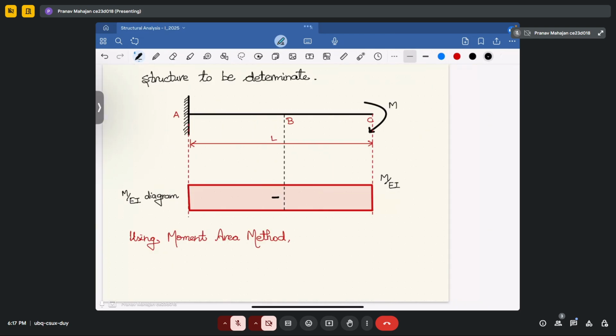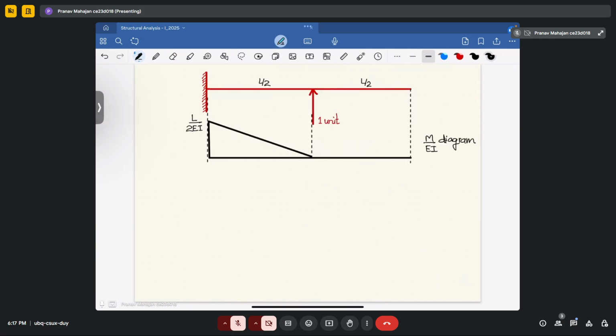So let's say, suppose we have marked it to be negative. So this will become a positive because it is causing a sagging bending moment. Okay.